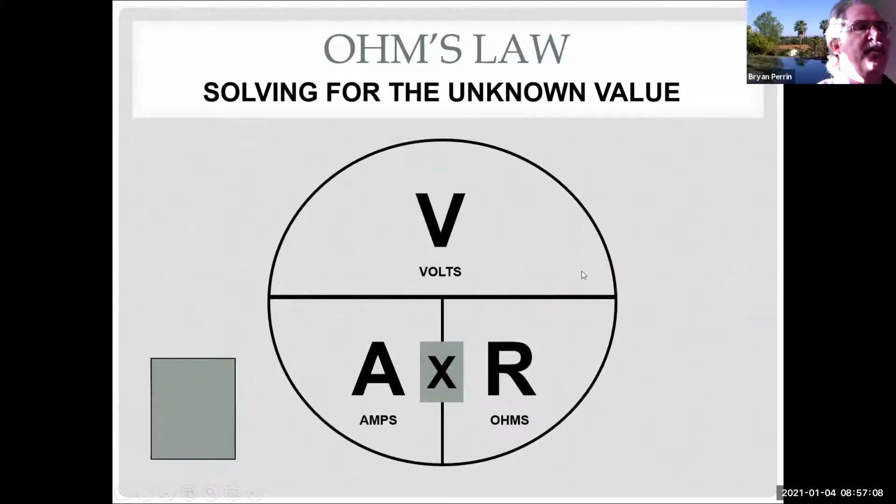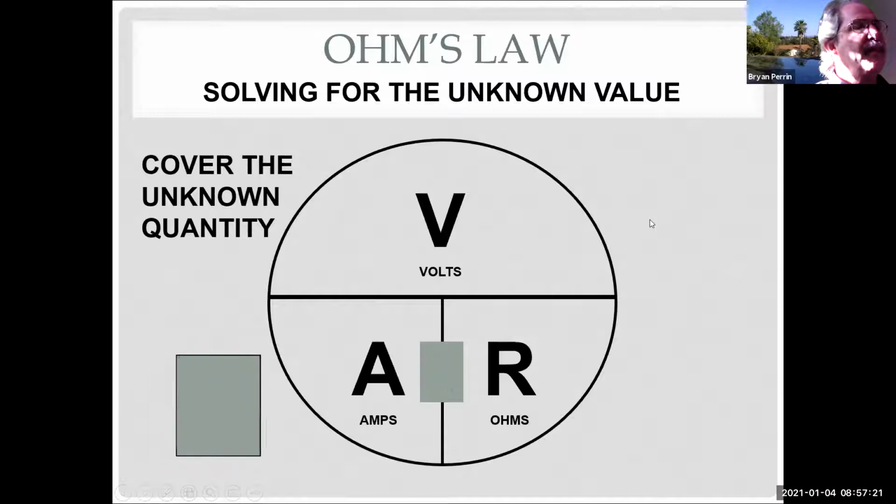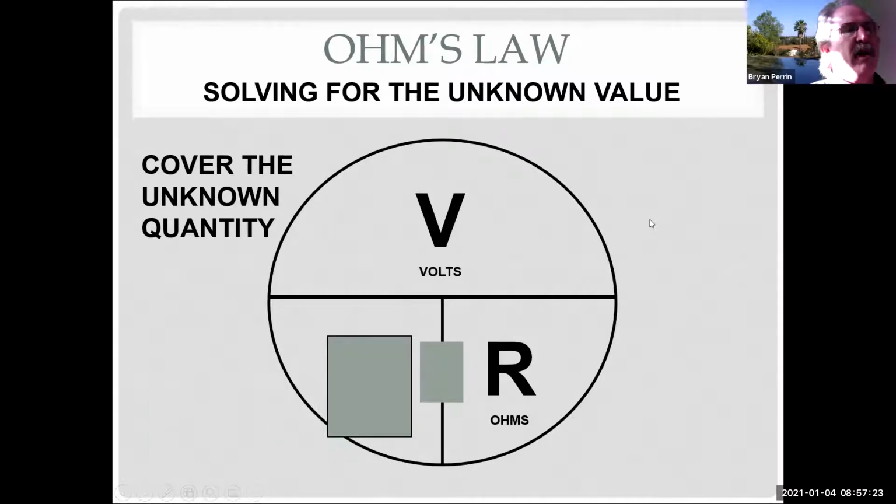So I can solve for the unknown here. Sometimes you'll see this drawn as a triangle, but I have volts equals amps times resistance. If I cover up any one of these, now I have volts divided by resistance gives me the amps.